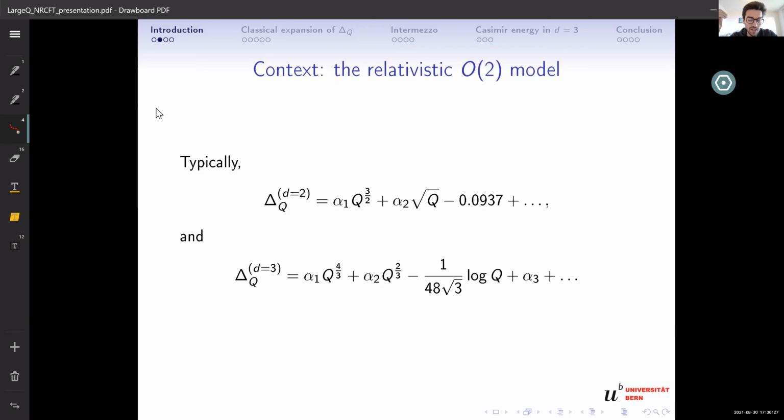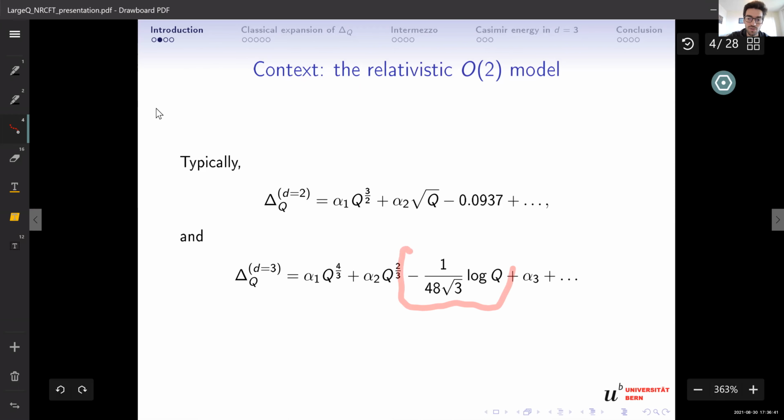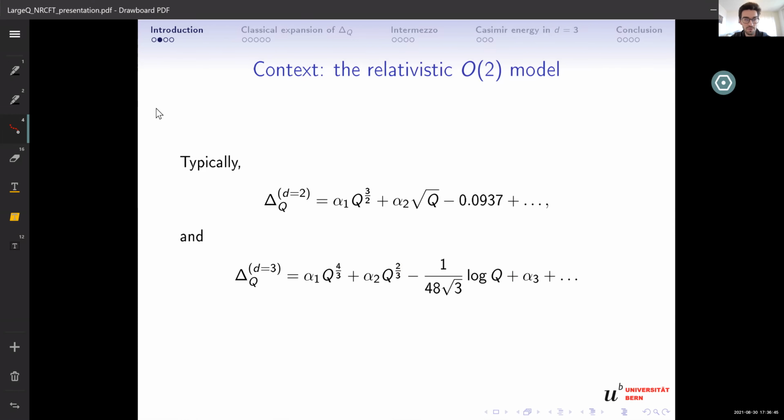There is no Wilsonian coefficient entering this term here. And he also showed very nicely last year that we get also a universal term in this expansion in the form of a log Q term in odd dimensions. And this will be important because the same thing happens in the non-relativistic story, which I will present.